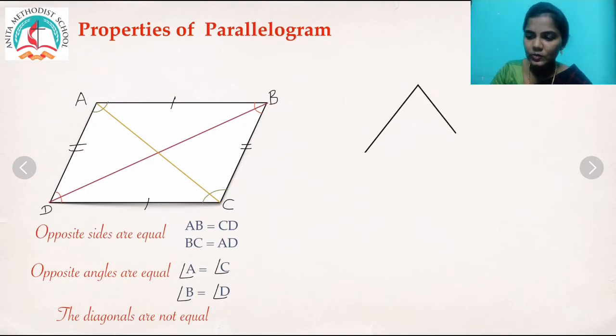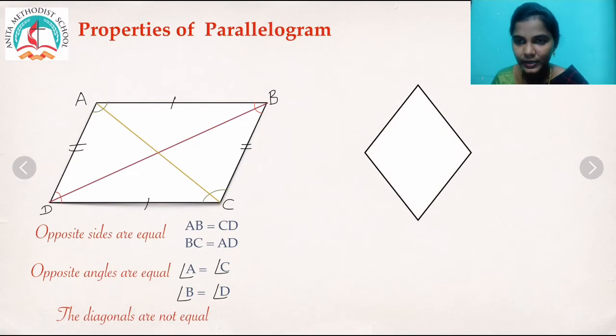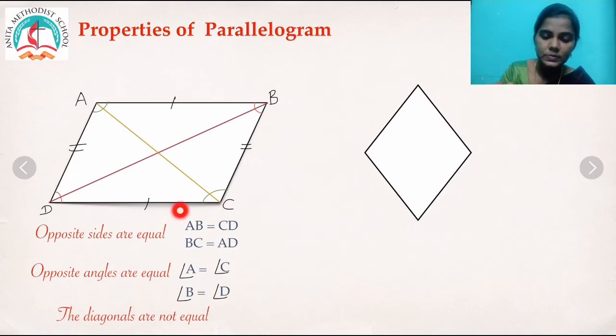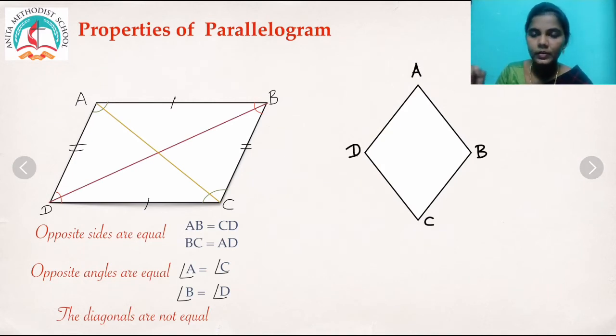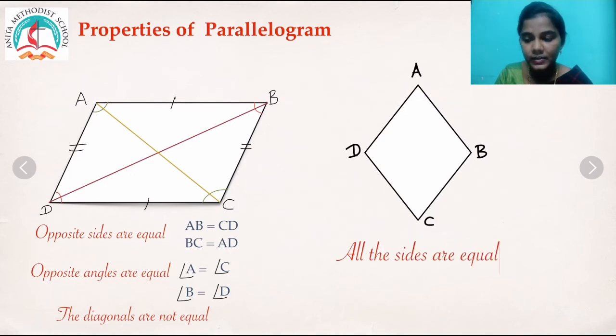This is also a parallelogram, but it has all 4 sides equal. In the previous parallelogram the opposite sides are equal, but this one has all sides equal. I will explain that. It also has 4 vertices and 4 sides, and all the sides are equal.